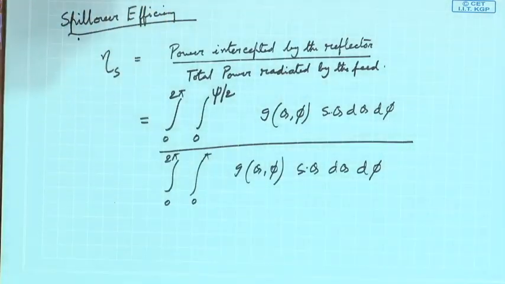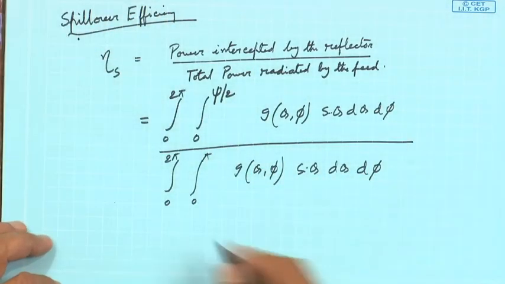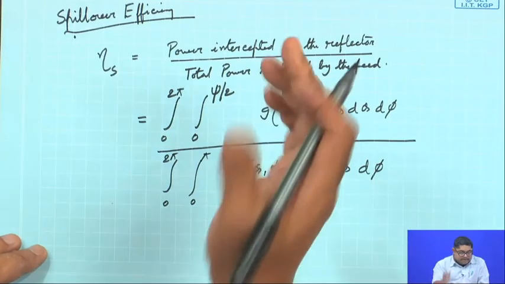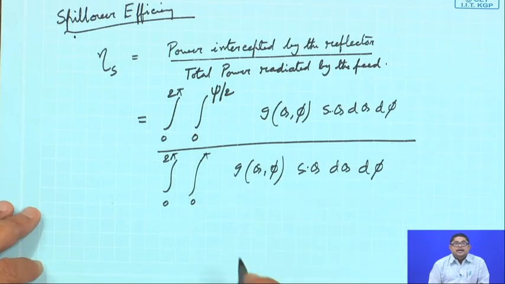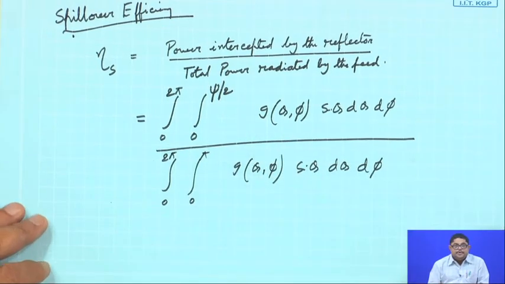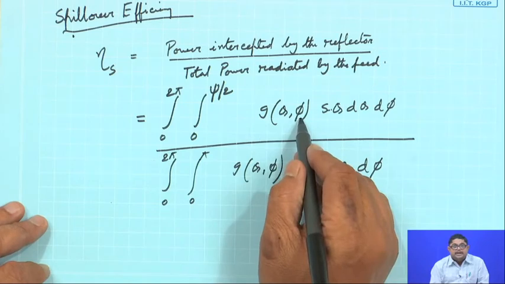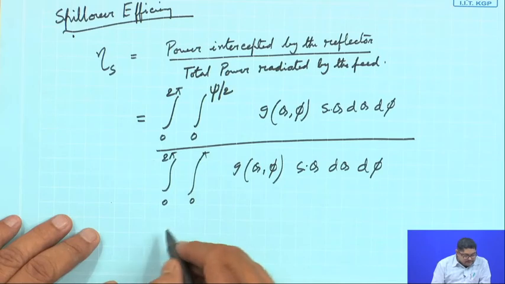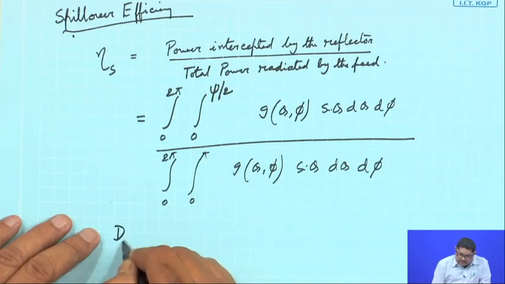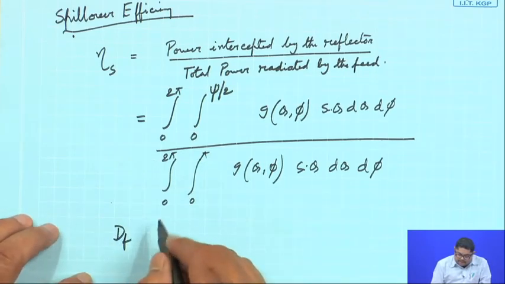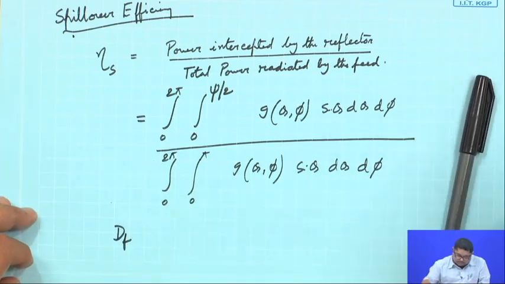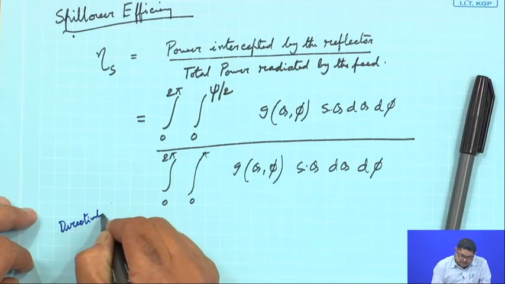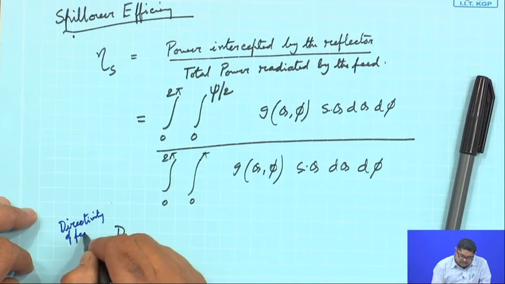Now, to that end, instead of evaluating it further, what I do, I want to put here the directivity of the feed. That means, this is the radiation pattern, here I want to put the directivity of the feed. So, D f. Now, what is the directivity of the feed? D f, let me write, directivity of feed D f.